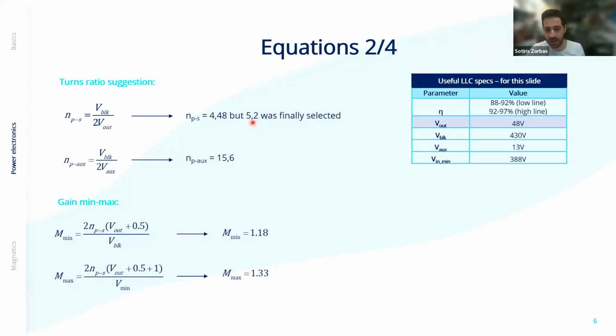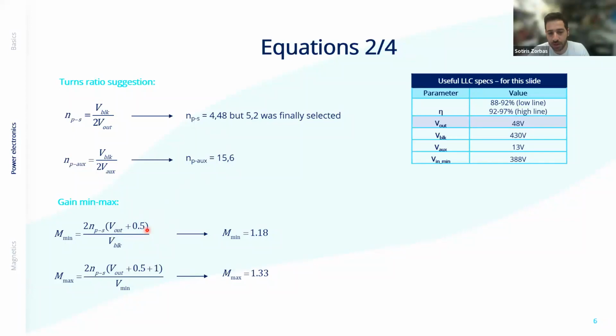It's just going to change the gain a little bit, but this is a good point to have those turns ratios selected like that. And then using those turns ratios, again, the output voltage is known, the bulk voltage is known.